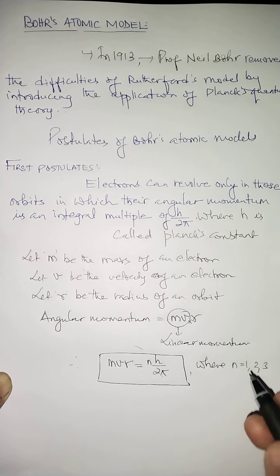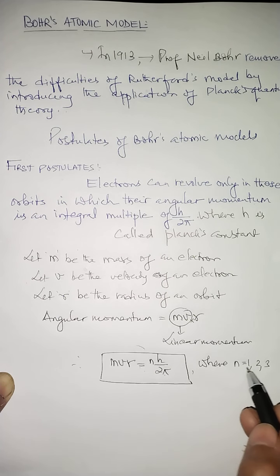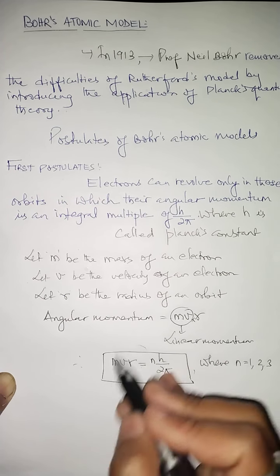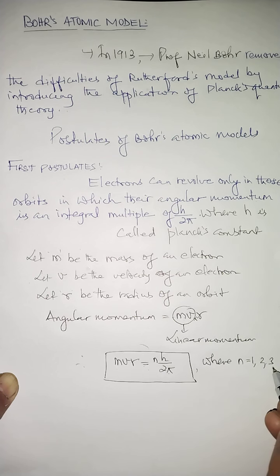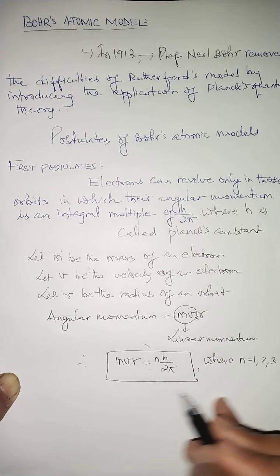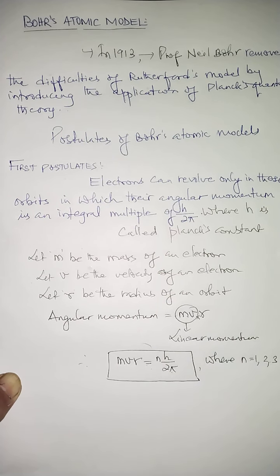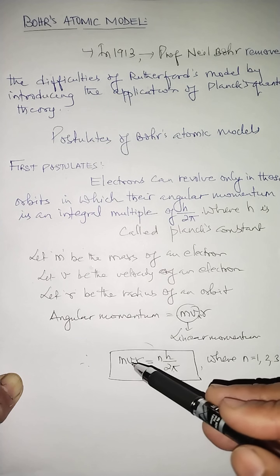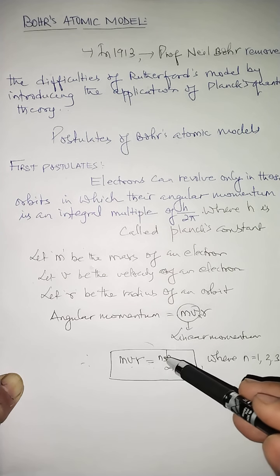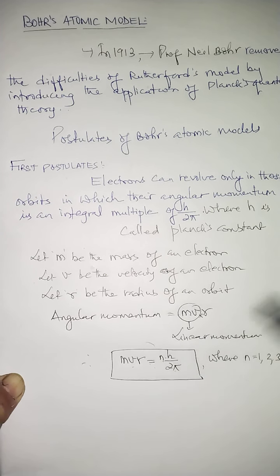Like if I put n equals 1, the electron revolves in the first orbit. If n equals 2, the second orbit. If n equals 3, the third orbit, and it will go on. That means when an electron revolves in different orbits, it acquires different angular momentum, given by an integral multiple of h by 2 pi.